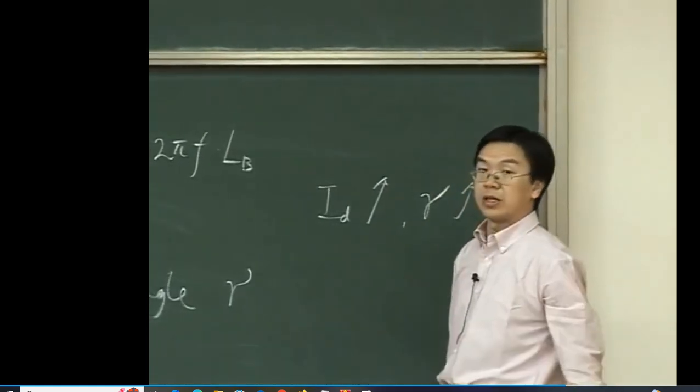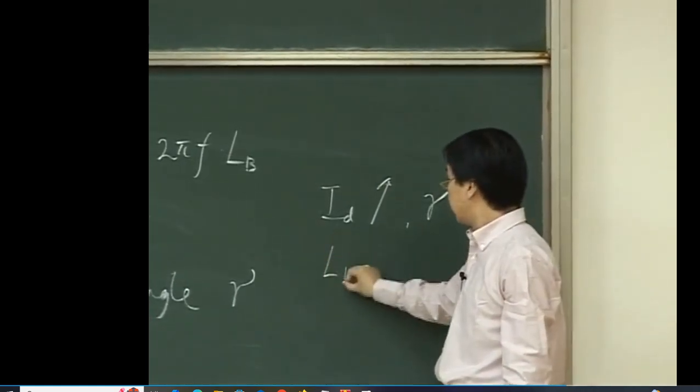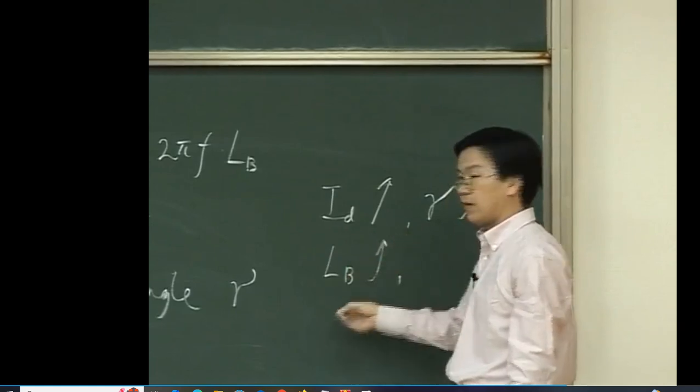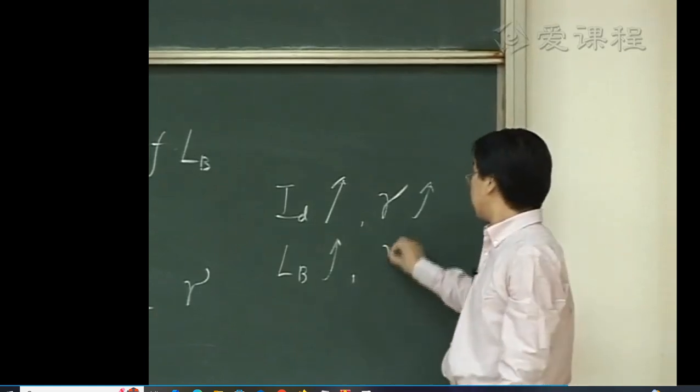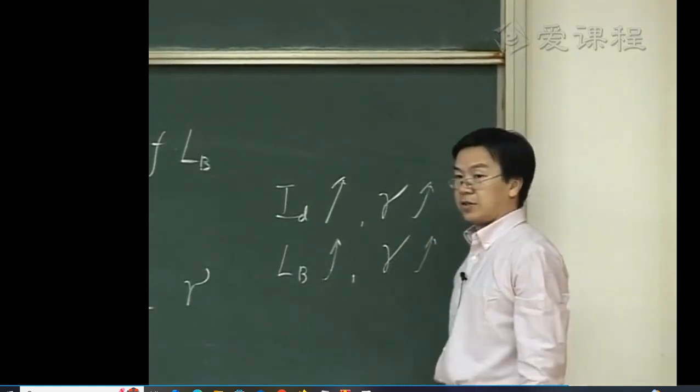That's for sure, and we can understand it. Second, when you have larger leakage inductance, of course it takes longer, so gamma will also be larger.